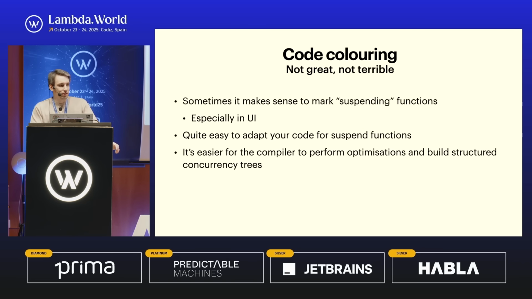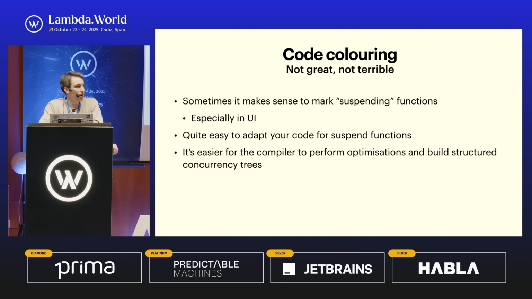And while it's quite tedious to mark your functions with suspend and do refactorings, the important thing is that it's easy: you just slap a suspend modifier and go further. Then you adapt your callers for these suspend functions. It's dull, it's tedious, but it's easy.